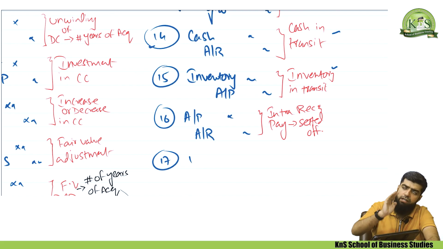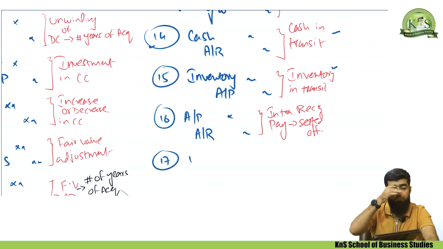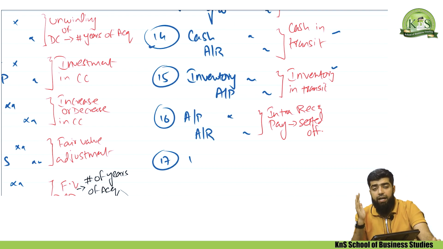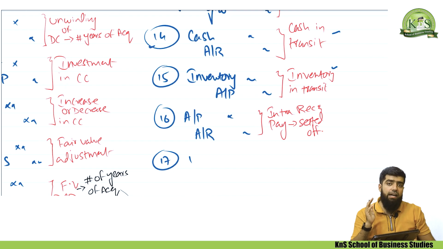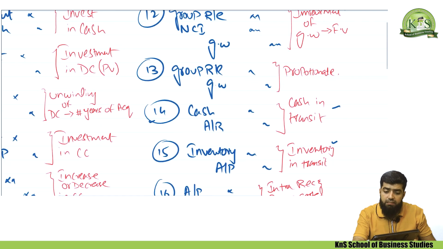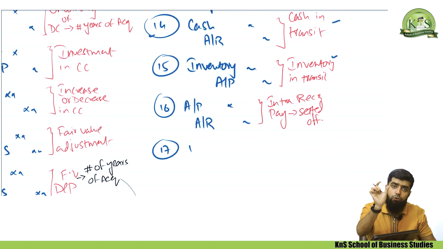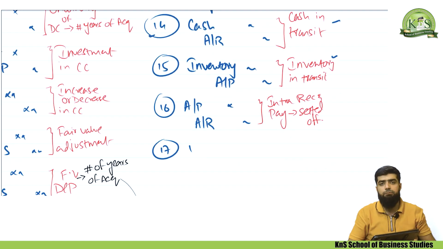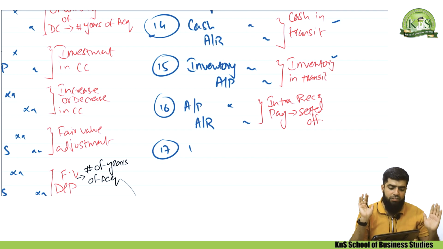If the parent or subsidiary has sold some goods to another company, or vice versa, and those goods are unsold at the end of the accounting period, then the unsold goods must carry certain profit, and that profit is known as unrealized profit.